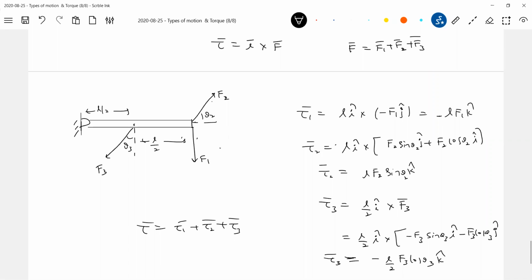Fine. So whenever you take a rigid body, you have to check whether the forces are acting at the same point of application or at different points. So better calculate torque individually due to each force about the axis. First of all, you should know what the axis is. Axis is about point O. What is the axis?